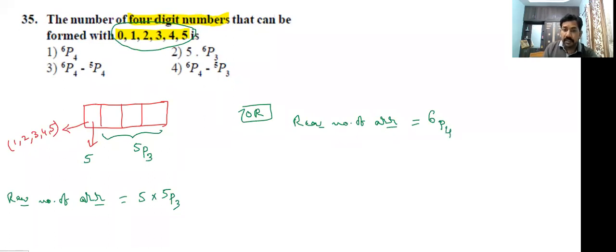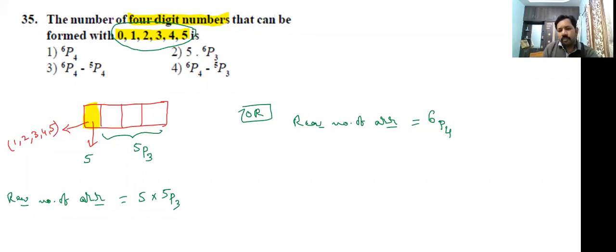But in those 4-digit numbers, if you fill 0 in the thousands place, you will get some 3-digit numbers. Those 3-digit numbers we want to subtract, because they are asking only for 4-digit numbers.